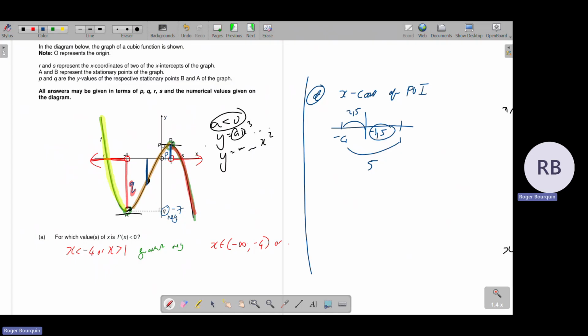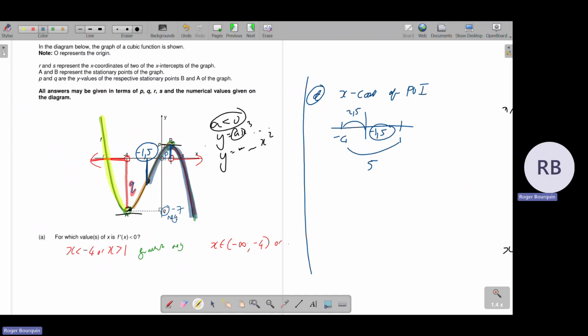Remember, this x coordinate here is negative 1,5, because it's in the middle. It's always in the middle of the two stationary points. Are we happy with that? The x coordinate of your point of inflection, when your graph changes concavity. We're looking for this blue region where it's concave down, where the tangents are above the curve.